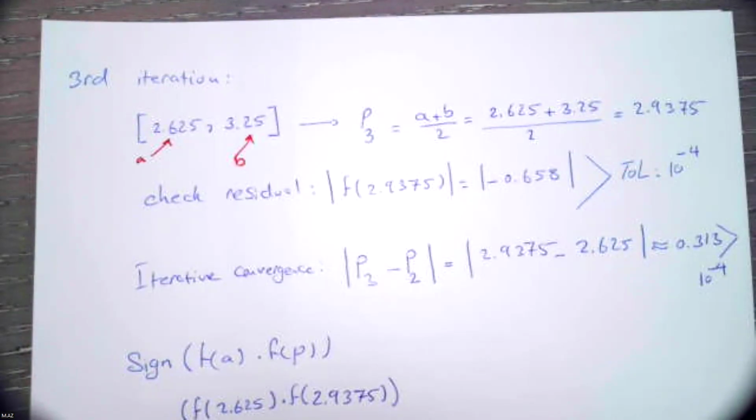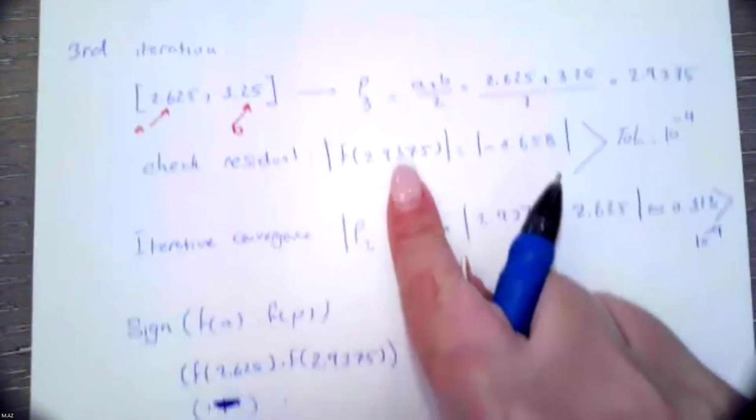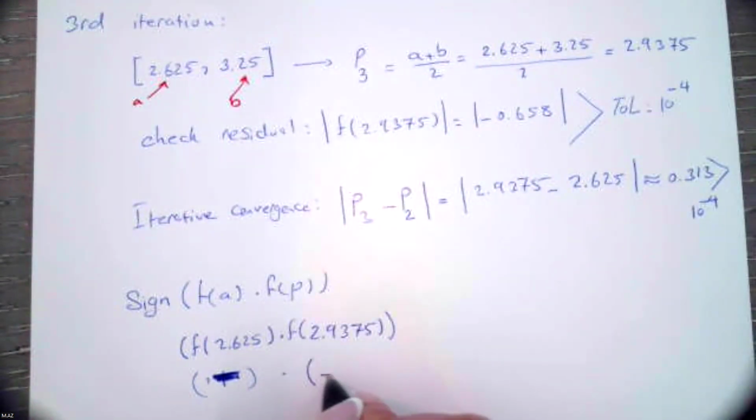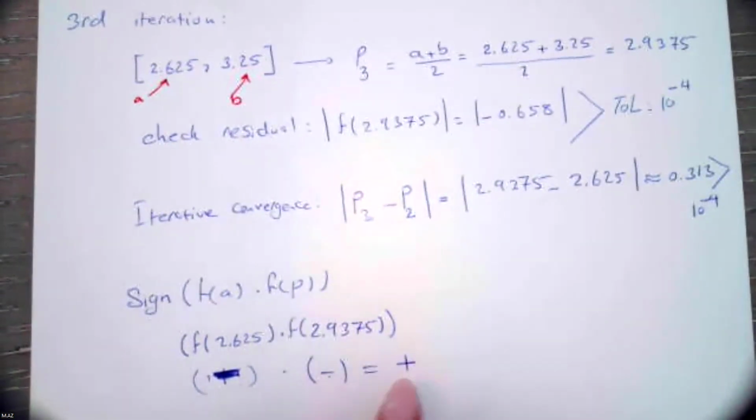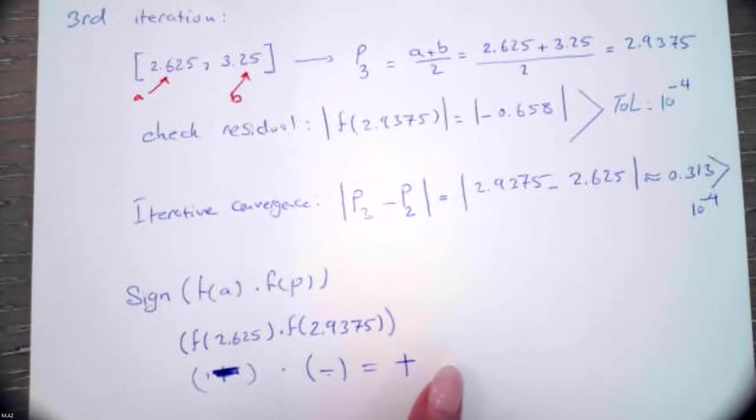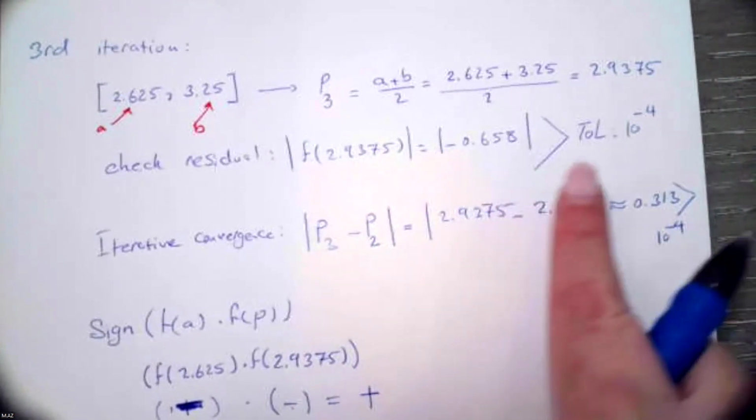The sign of the function at A is negative, and for this point also negative. Negative times negative is positive. It means the root is located after this midpoint.